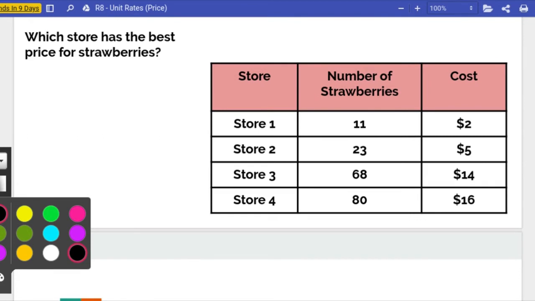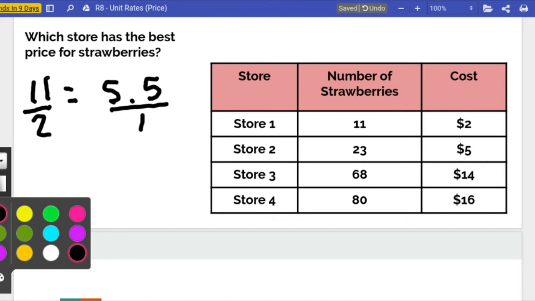It might be easiest to do that. So if I get 11 strawberries for $2, that means 11 divided by 2, that would be 5.5 strawberries for $1.